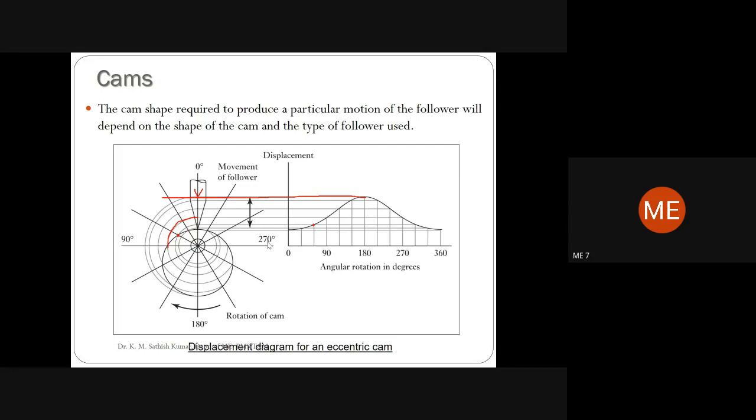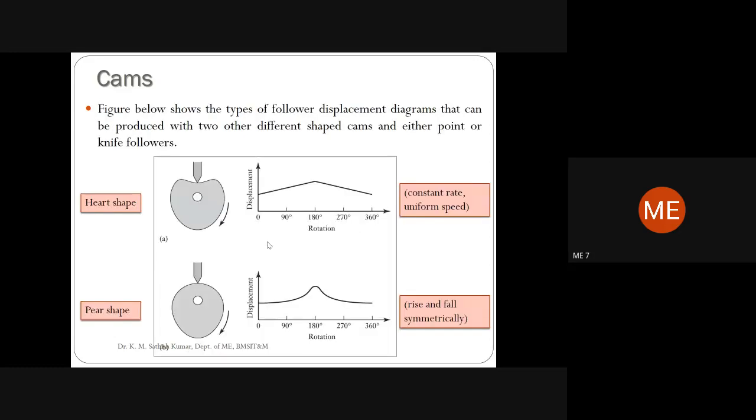When it comes to the shape of the cams, we will go with three different types: the eccentric cam, the heart shaped cam, and the pear shaped cam. These are the cam profiles that we are going to discuss.